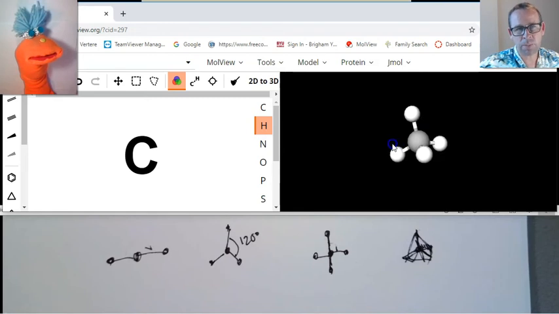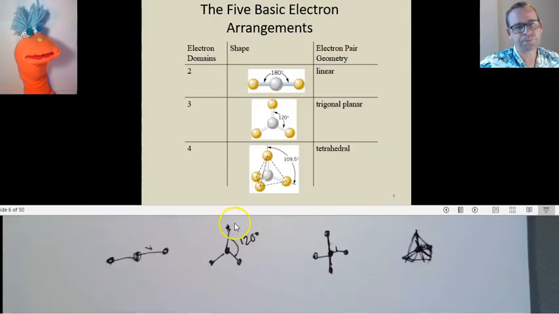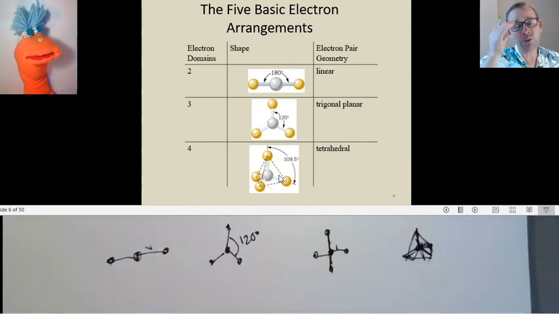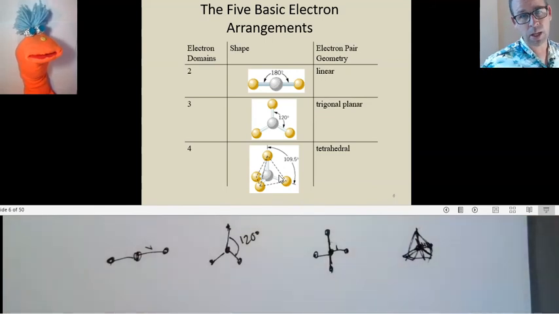But they call this shape tetrahedral, and it's referring to tetra, 4 sides that this shape would have. One side would be right here. One side would be right there. That's the second side. If it were a die, for example, you were to roll it like a dice. And then the third side would be on the back side of here, and the fourth side would be on the bottom. All right, so that's our tetrahedral shape. And the angle, even if we could draw it really well, wouldn't be very intuitive to us, so we do have to memorize it. It's 109.5.